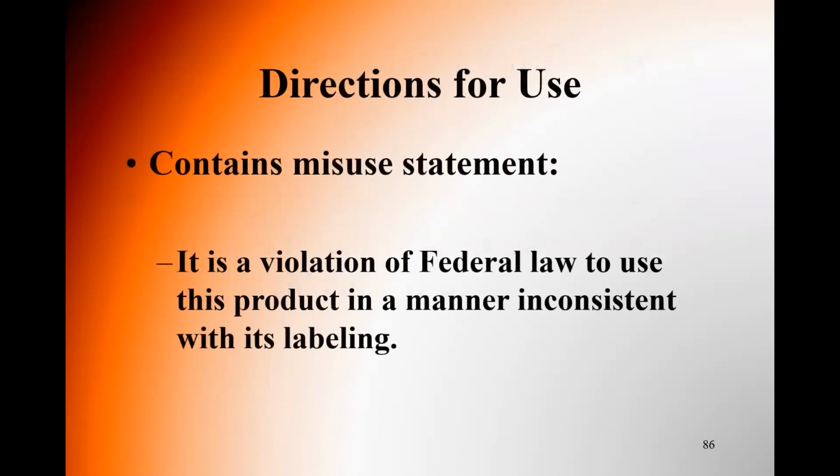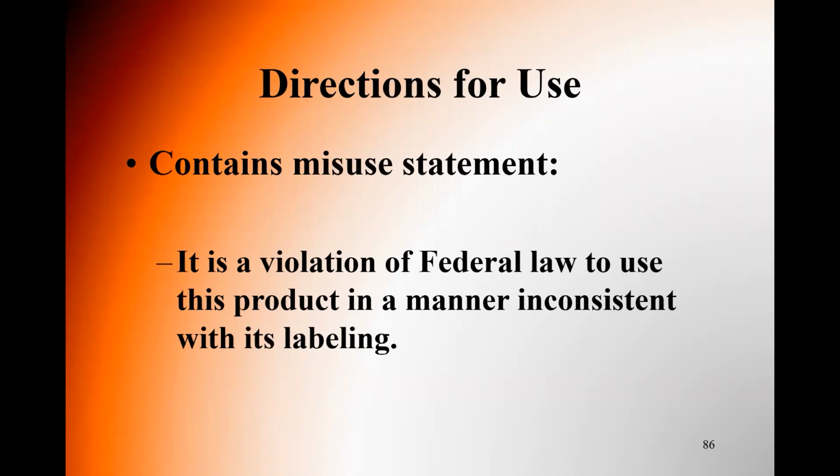Contains misuse statements. Some of the directions on there say it's a violation of federal law to use this product in a manner inconsistent with the labeling. Many times people consider that overuse. So if the label rate is this, we consider it misuse if we've applied more than that.